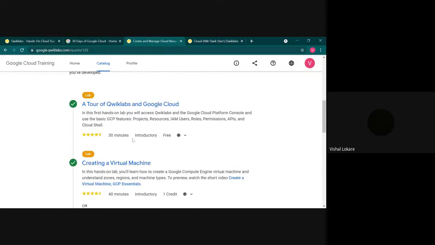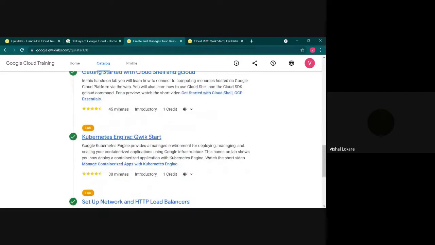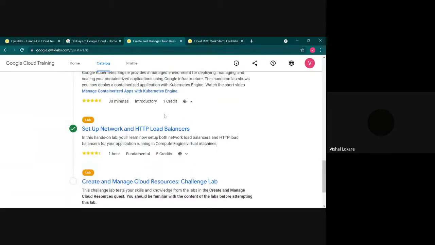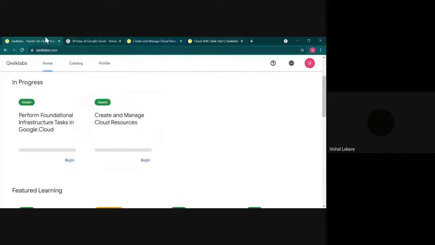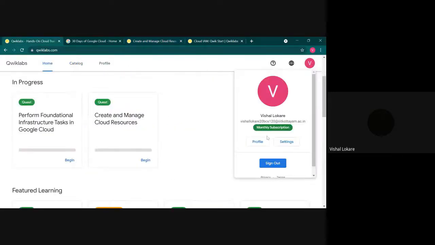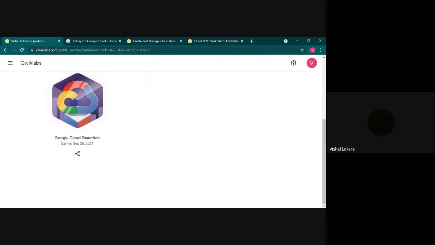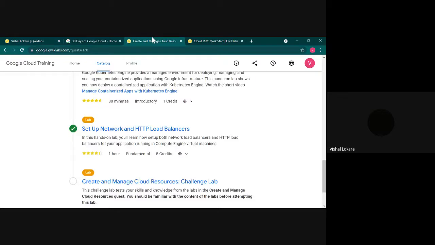Every quest has a set of labs that you have to complete, and after completing all of them, you will get a skill badge. If I were to show, you can check all your badges on your public profile. Now I have this badge, which is actually a quest badge, which I got after completing all the labs.